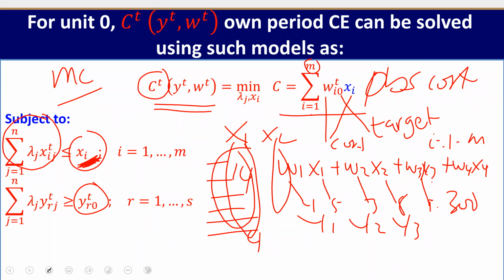I don't want to use the observed input because it may not have been minimized, but if it has been minimized, that's great. Then that's the input that you're dealing with.